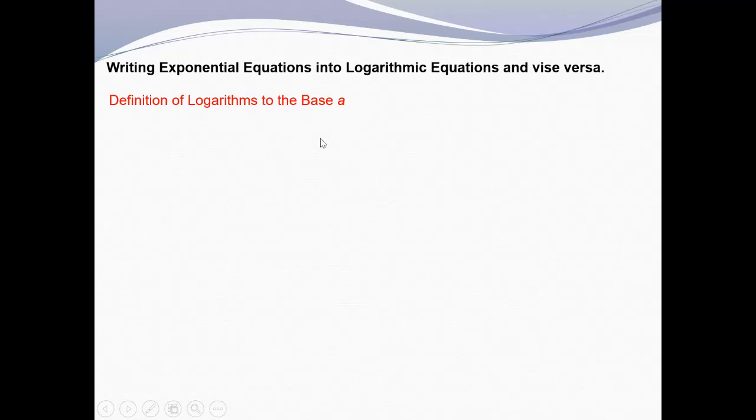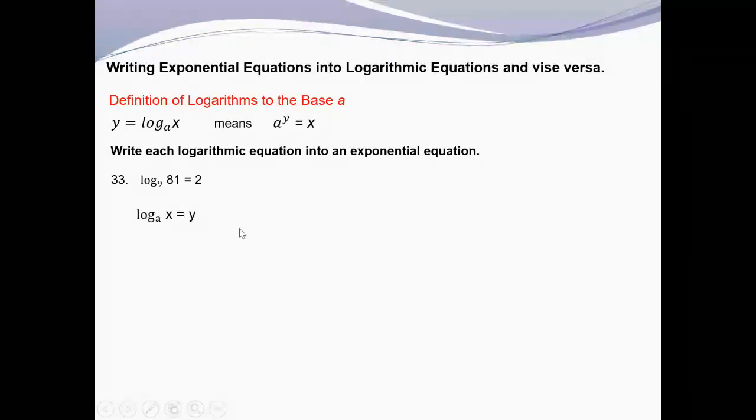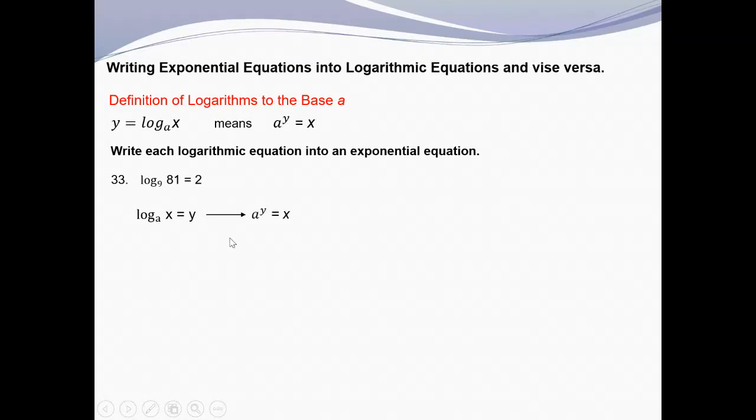Here's the definition of logarithms to base a. If you have y equals log base a of x, it means a to the y equals x. This is logarithmic. This is exponential. Example: write each logarithmic equation as an exponential equation. Here's where I tell my students what to do. You want to go from logarithmic to exponential. From the log equation given, you have to know what the a is, what the x is, and what the y is.